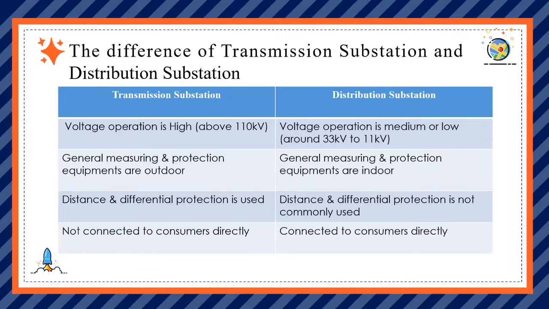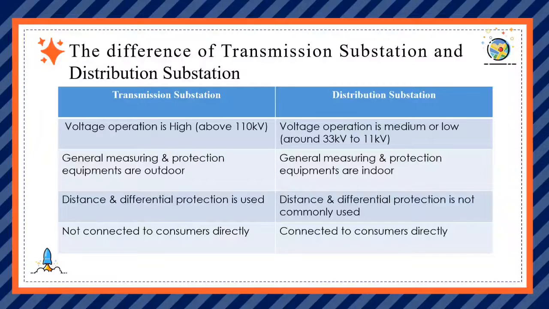So, what is the difference between transmission substation and distribution substation? Transmission substation uses high voltages, which is around 110 kV and above, while for distribution substation, the voltage of operation is medium or low, around 33 kV to 11 kV.